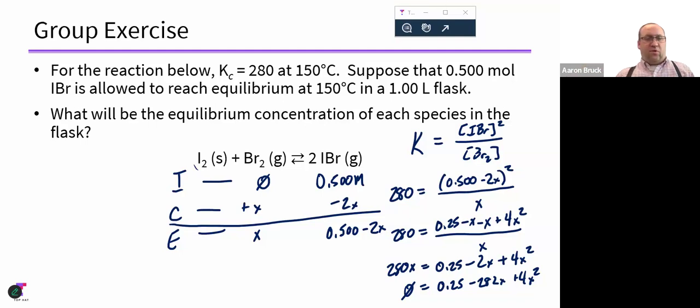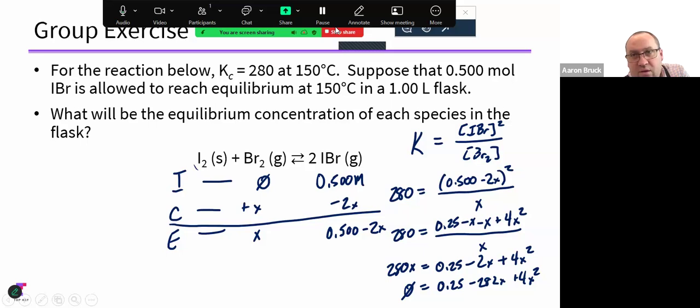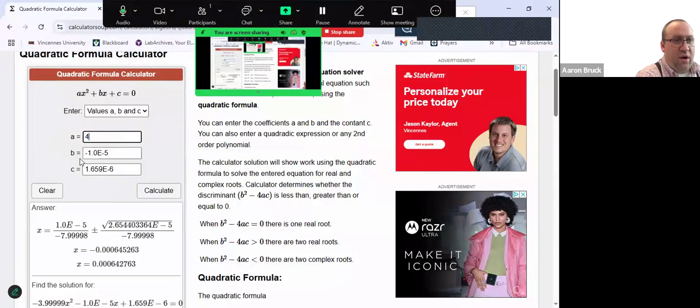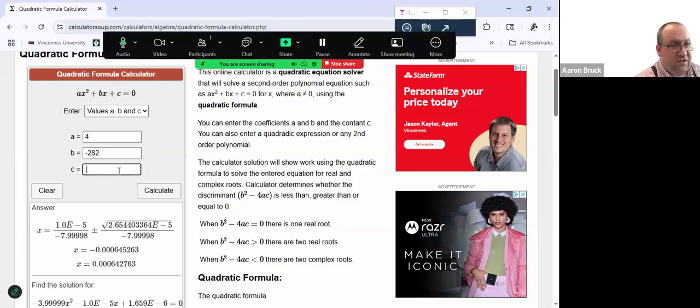Rather than go through the rigmarole of doing the quadratic equation again, let's just go back to our equation solver here. So our values this time were 4 and negative 282 and 0.25.